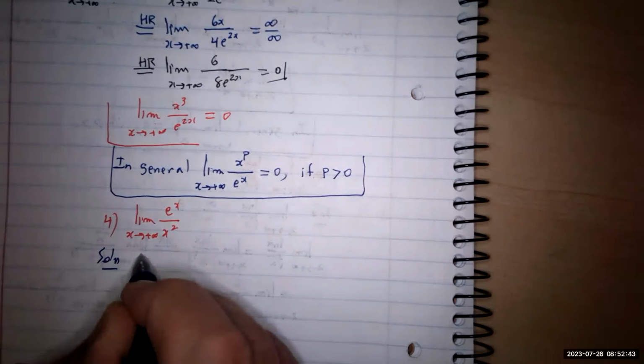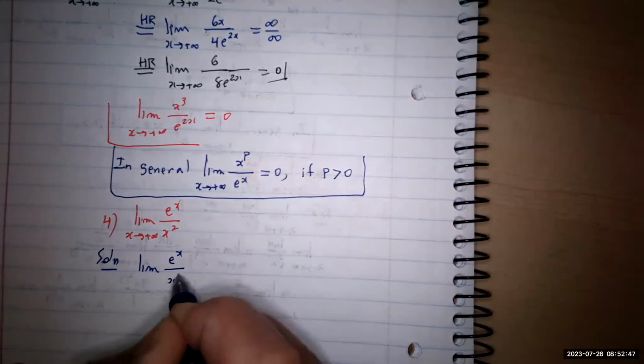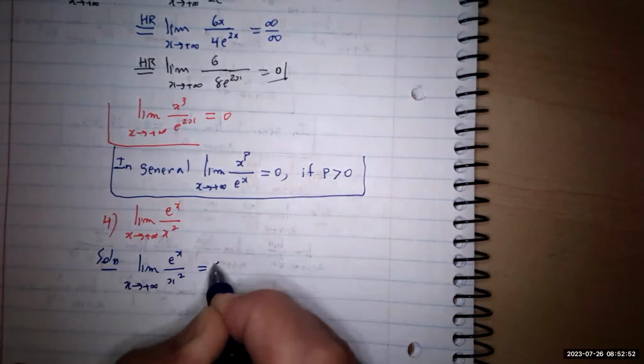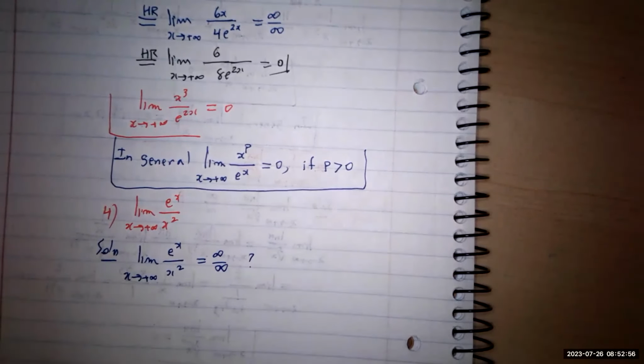So if you try it, you will see it. Limit of e to the x over x squared, x goes to positive infinity. It's infinity over infinity. Again, apply the L'Hopital rule.